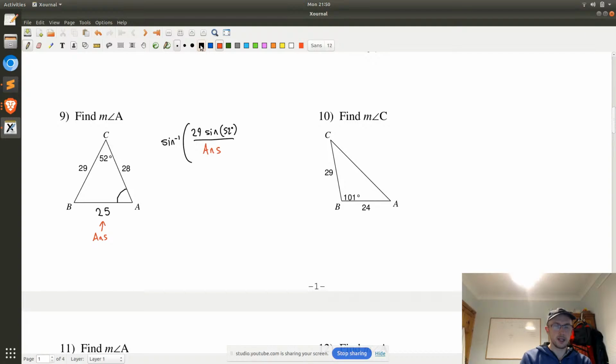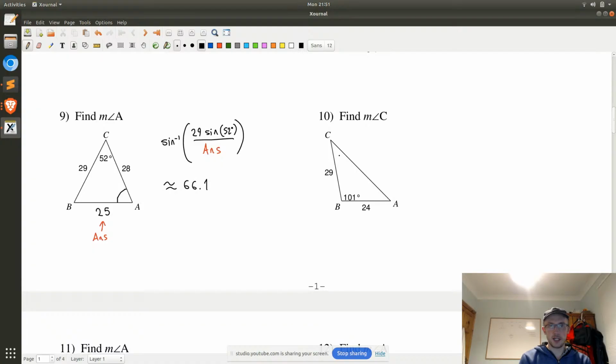Yeah, I like this idea of just asserting that I'm working with the prior answer. 29 times sine of 52 over the answer. So 66.1.